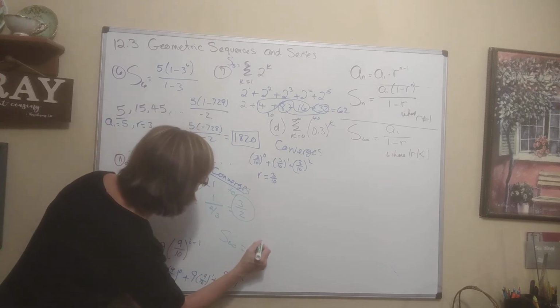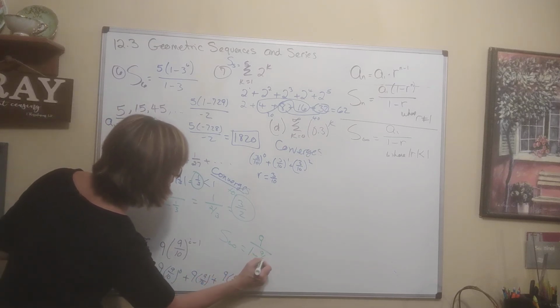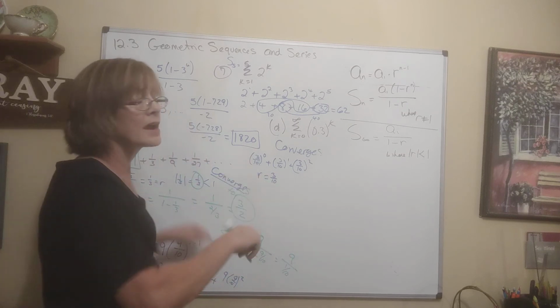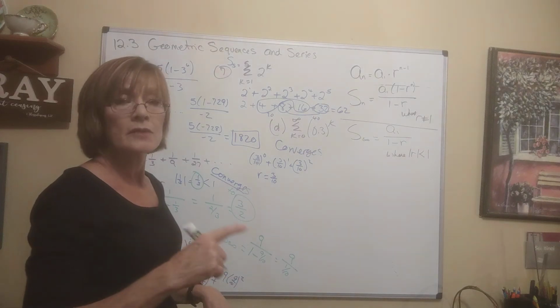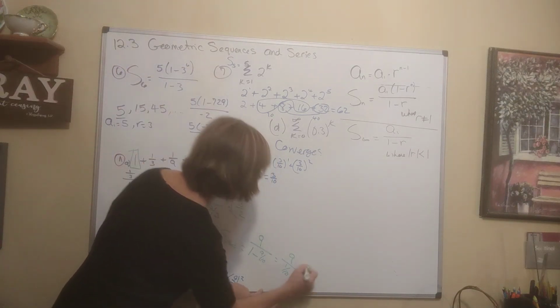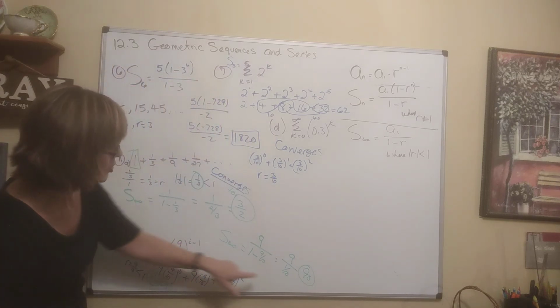So a sub 1 is 9 divided by 1 minus r. r is 9/10. So this is 9 over 1 minus 9/10, which is 1 over 10. 9 divided by 1 over 10 is a keep, change, flip. So this is going to be 90 is what this guy sums to. This converges to 90.